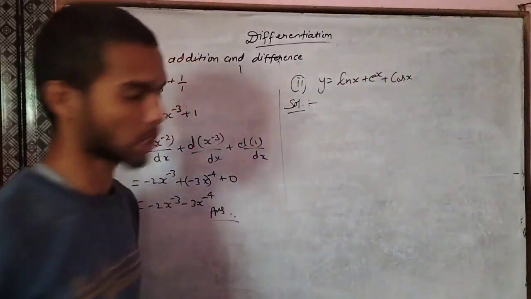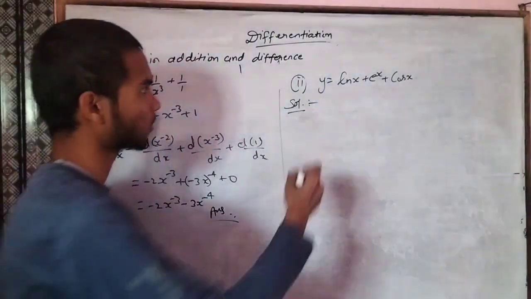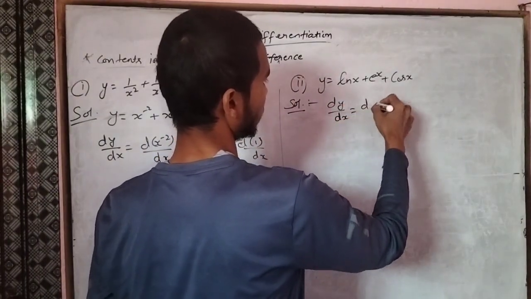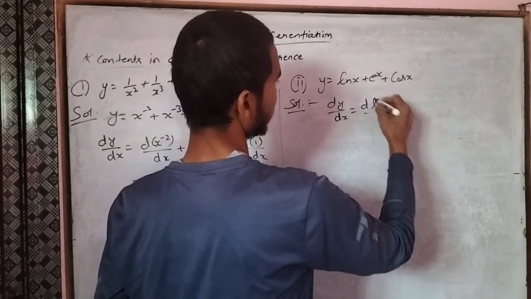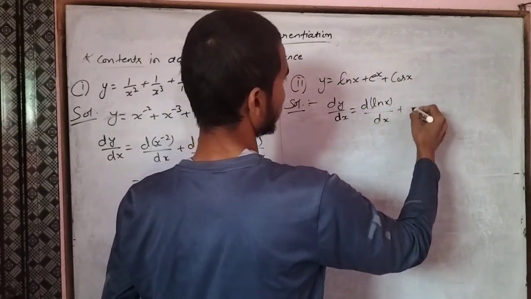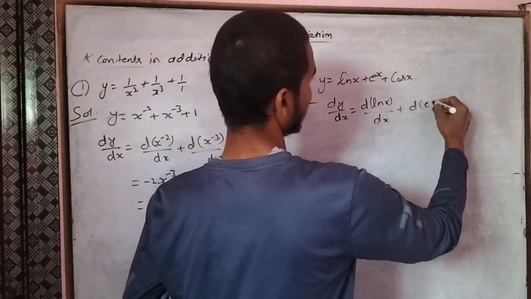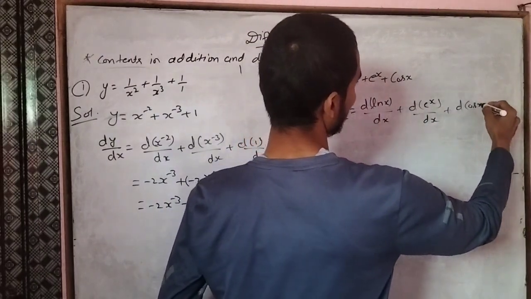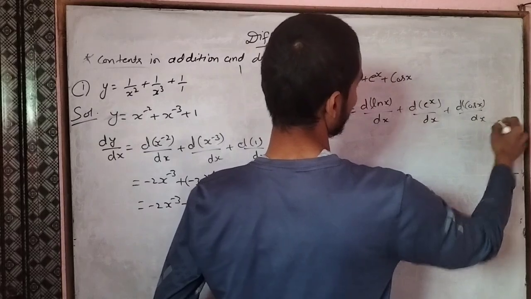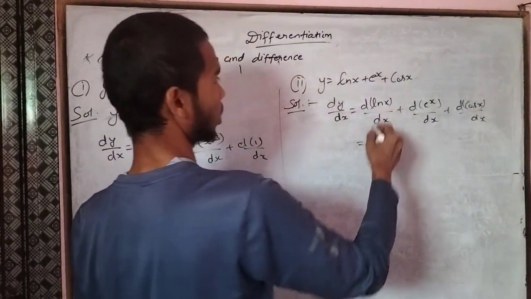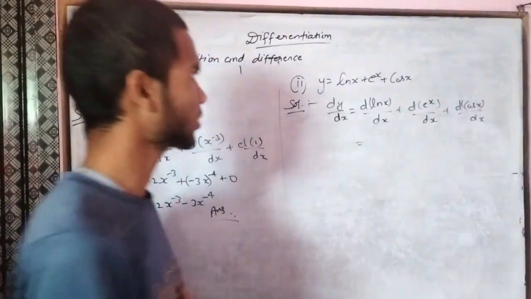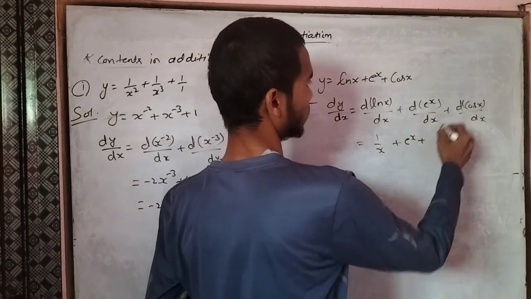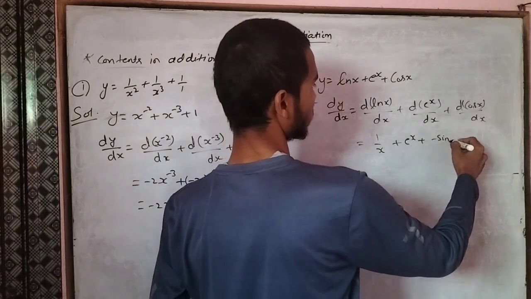This equation has three terms, and we will write it as d ln x upon dx, then d a^x upon dx, then d cos x upon dx. Now the derivative of ln x is 1 by x, and the derivative of cos x would be minus sin x.